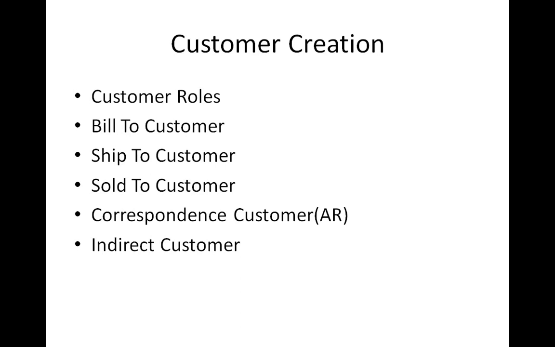Then from the headquarters, Dell gets a request that they require laptops at the branch in Seattle. Then Dell sends all the laptops to Seattle and sends the invoice to the headquarters in Florida. Here Florida is called bill to customer and Seattle is called ship to customer, where the goods are being shipped.